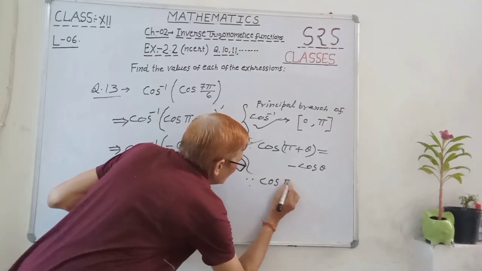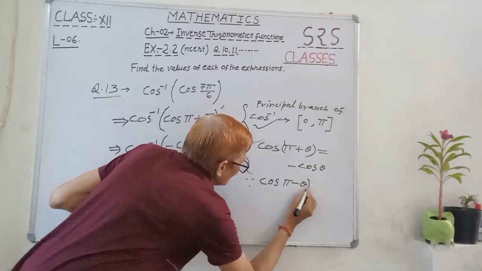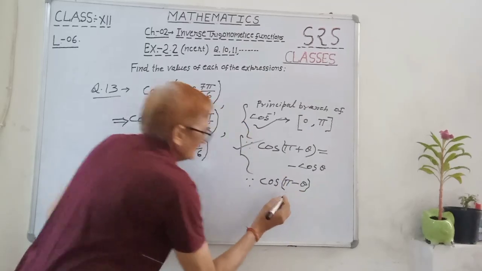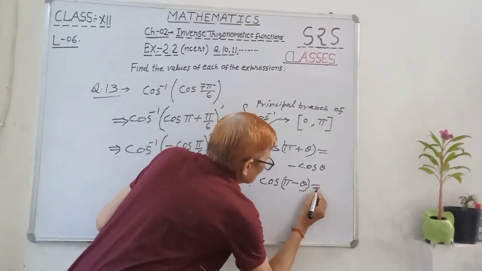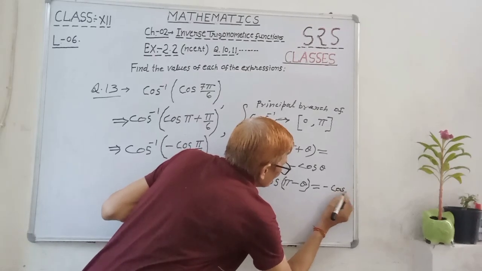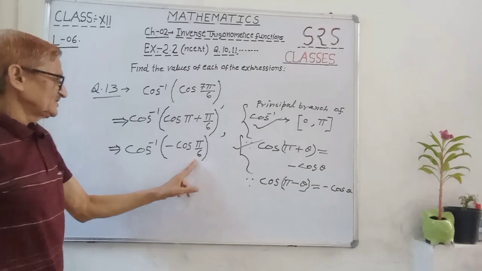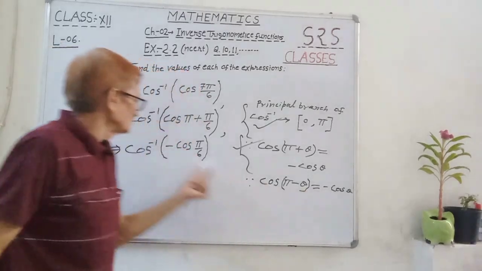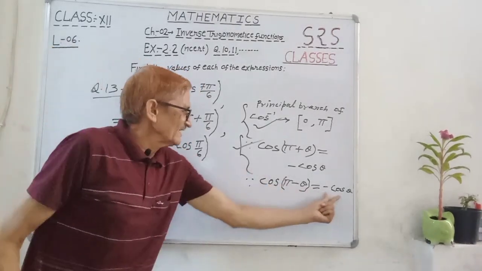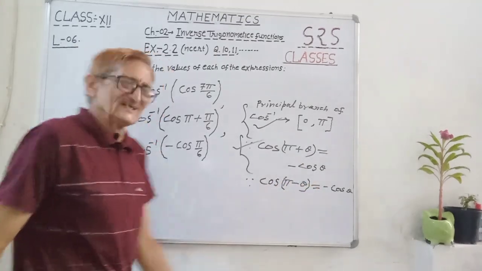And the second we know: cos of pi minus theta is minus cos theta. So minus cos pi by 6, we can write as cos of pi minus pi by 6.